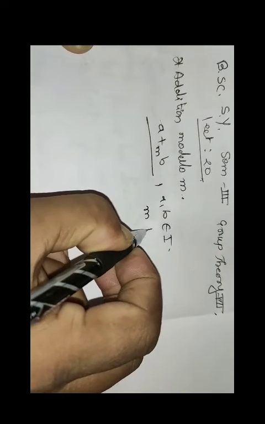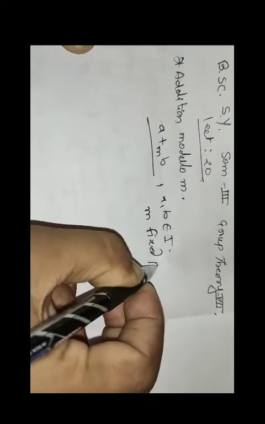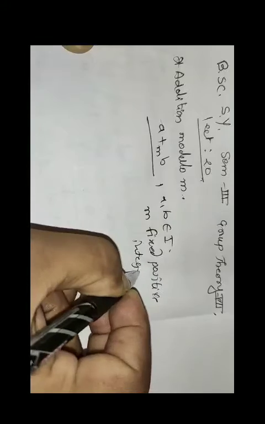It is written as a plus b, with the plus sign having a small m as a suffix. Here a and b are any integers, either positive or negative, it doesn't matter, but m is a fixed positive integer.